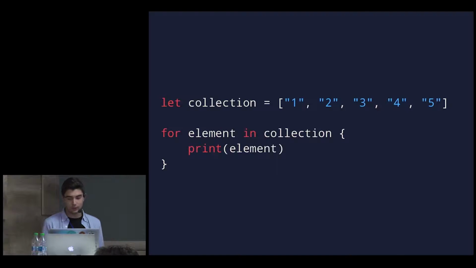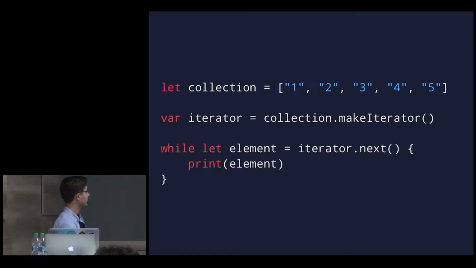Actually this is syntax sugar, but what happens under the hood? This happens. We have the collection and we make an iterator from the collection and we ask for the next element from this iterator. In case it returns nil, it means that we finished iterating our collection.